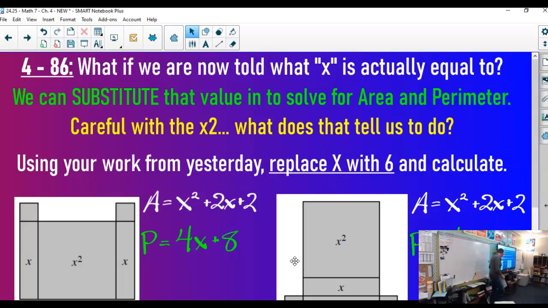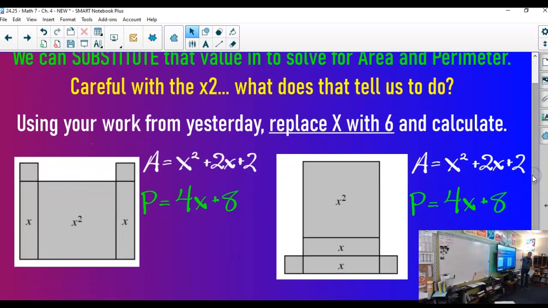Ooh, the shapes? What do you mean by the shapes aren't the same? I need you to say a bit more. So, I use an x squared. I use two x's. And so wait, we use the same tiles. Ooh, we arranged them differently.